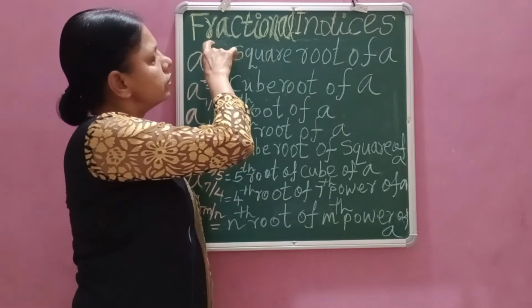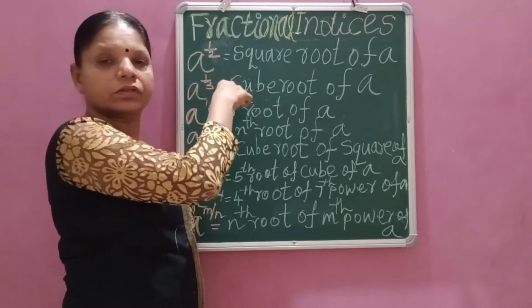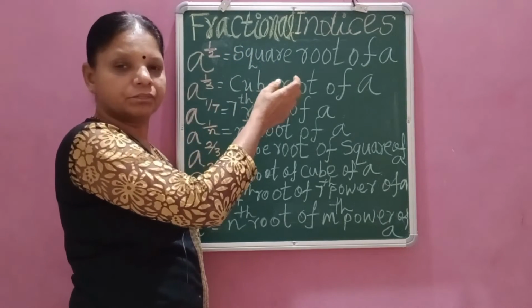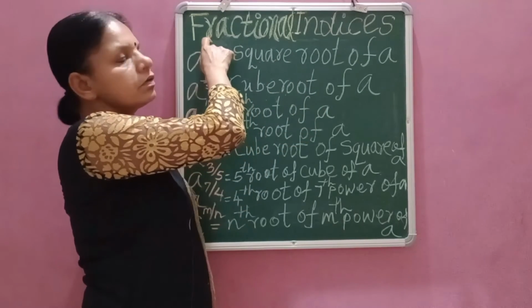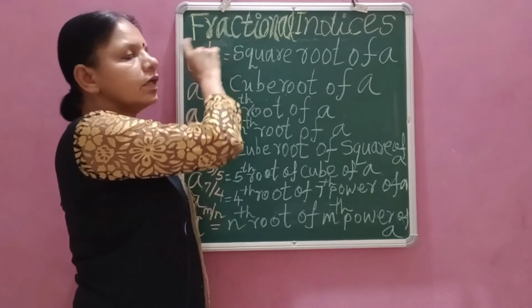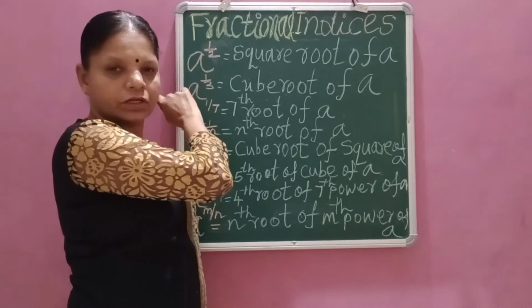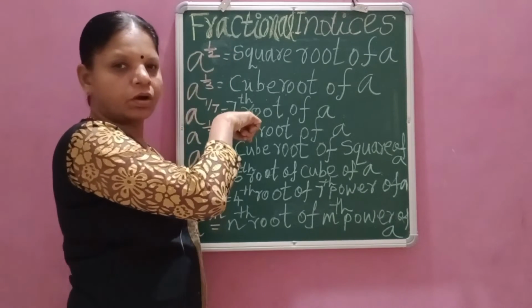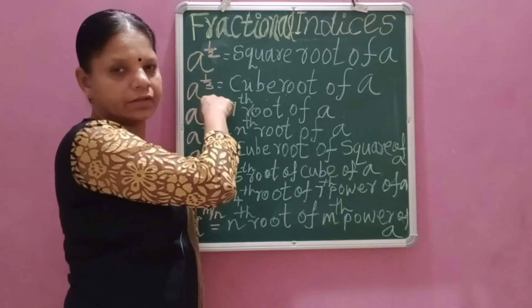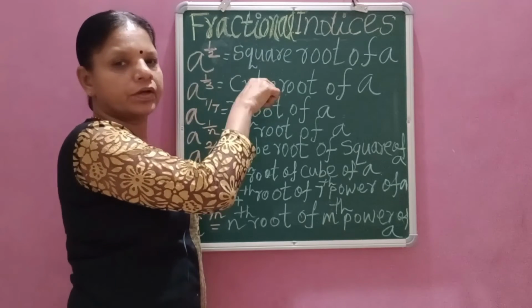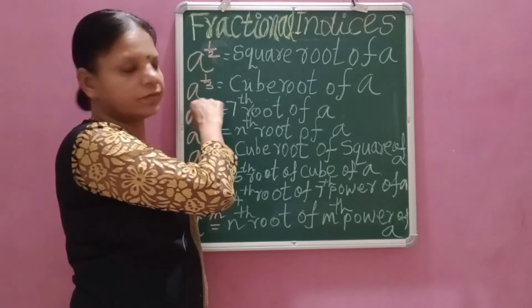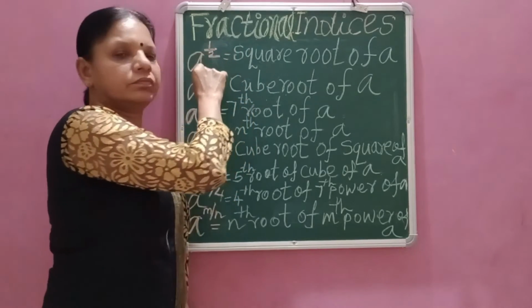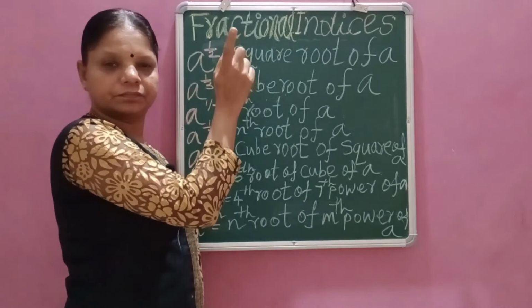Suppose, we know that a root is cancelled by a power of the same number. Suppose the denominator is 2 and the numerator is also 2. What will you get? Square root of a, that square root will be cancelled and the answer will be a. That is why 2 upon 2 is 1, a raised to 1.